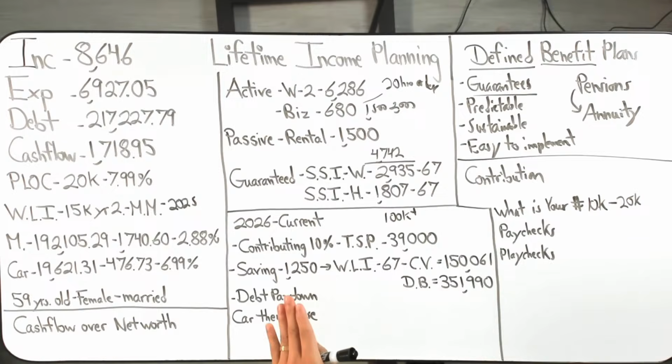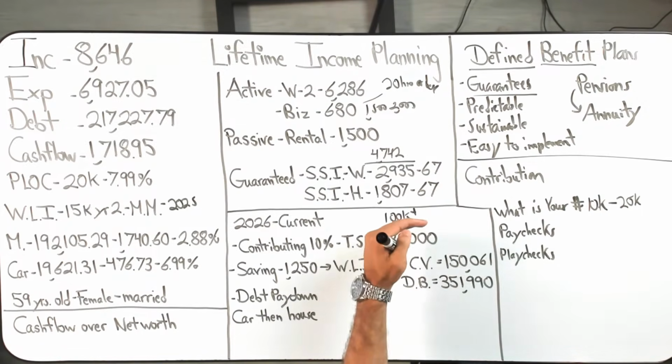All right, so we're saving into this whole life policy. We've already contributed 15 grand. We're about to contribute again for this year, so we're about to enter year 2. The projections are when they hit 67, the death benefit will be around $351,000, and we'll have cash value of about 150 grand. So that's nice.